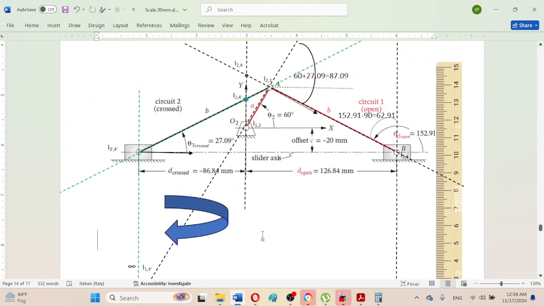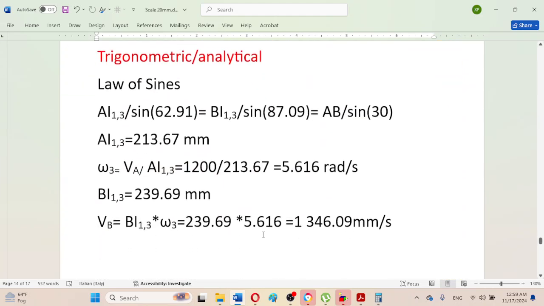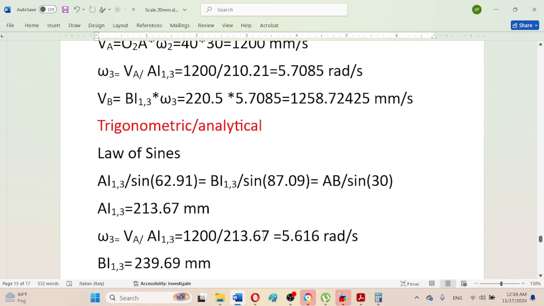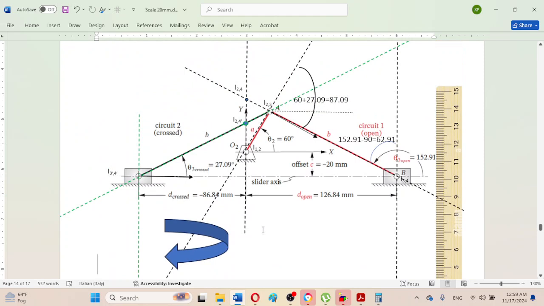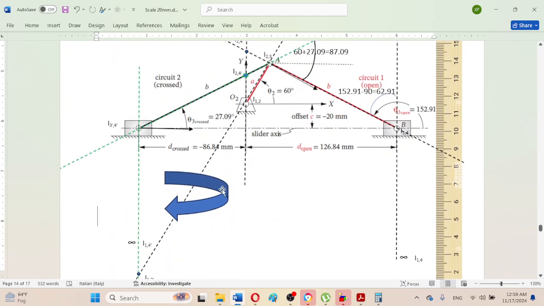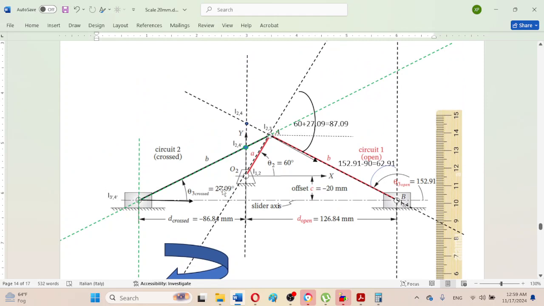So in a similar manner, we can apply the law of sines, or the angles can also be calculated. So I will be trying to quickly calculate the angles. So here, for example, just create this reference, extend this reference. So as we can observe here, this angle is 60 degree of the crank with the horizontal.